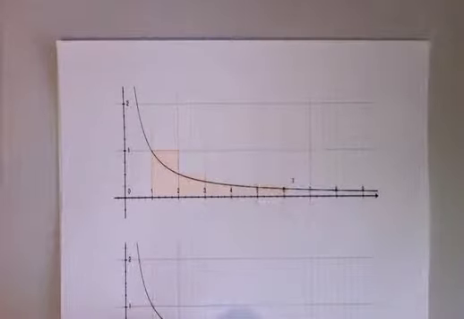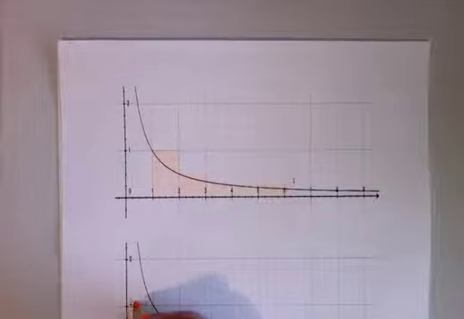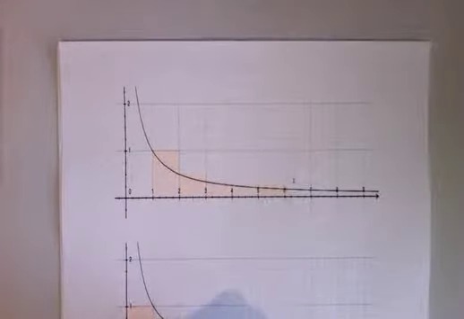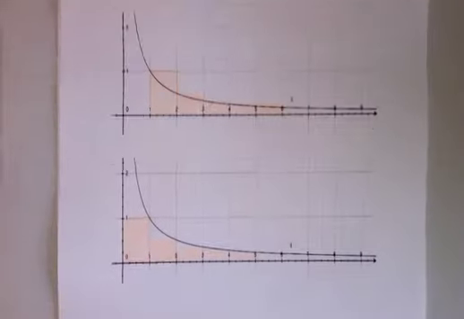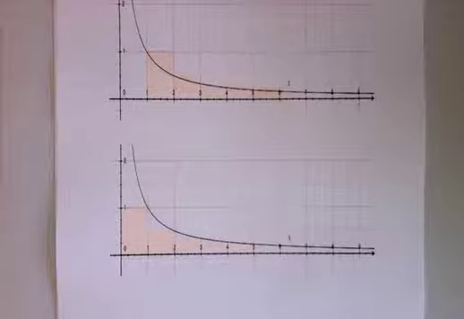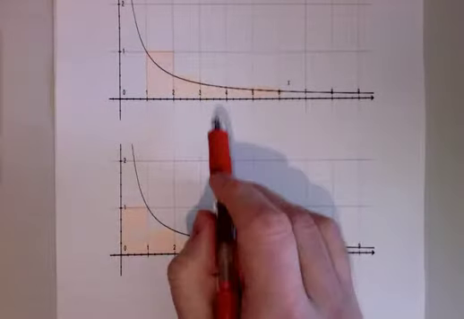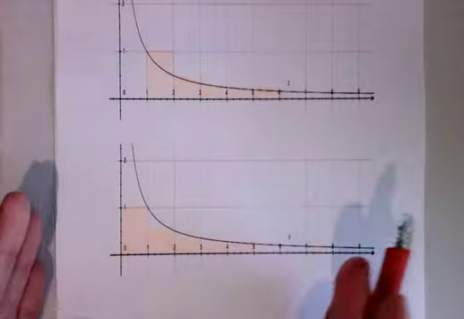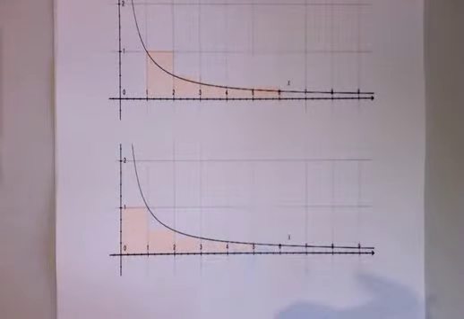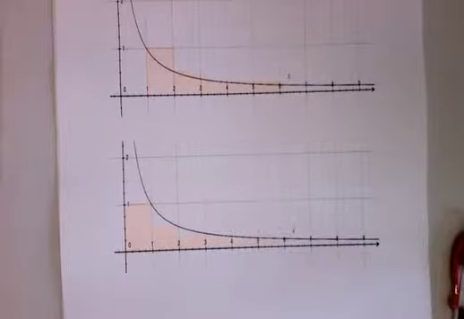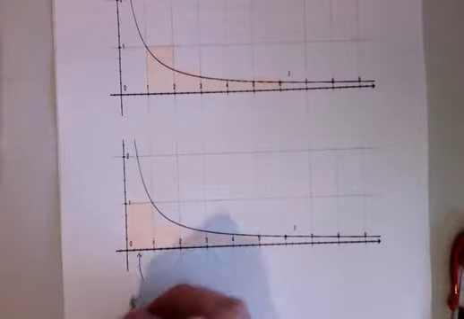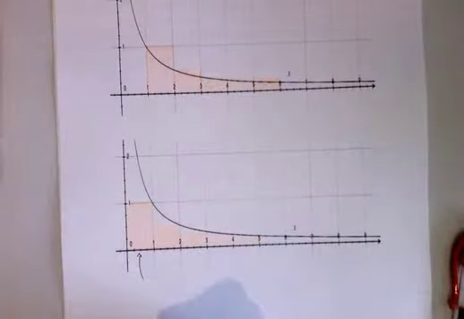Well, the only difference should be the fact that everything is just shifted over 1. Okay? So if it's just shifted over 1, and it's going off to infinity, that really shouldn't make a difference, right? Because this maps onto that, this maps onto that, this maps onto that. And so if everything just shifted over to the left one, we can still do an integral from 1 to infinity. We just have to actually calculate the area of this one.